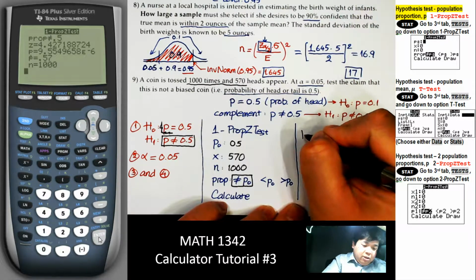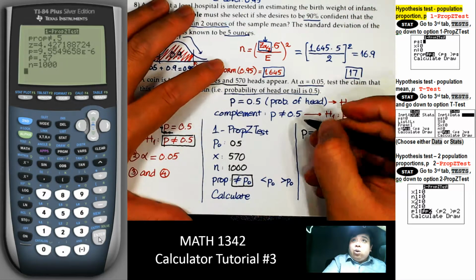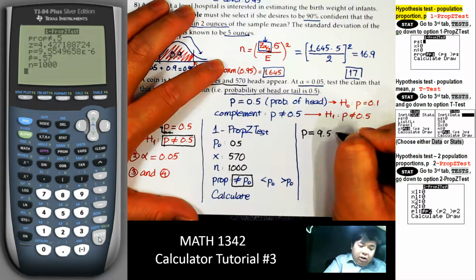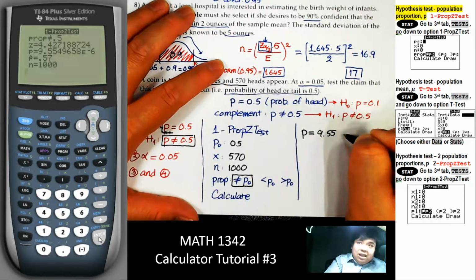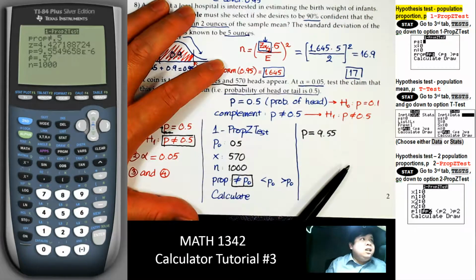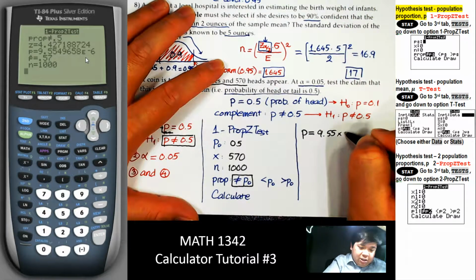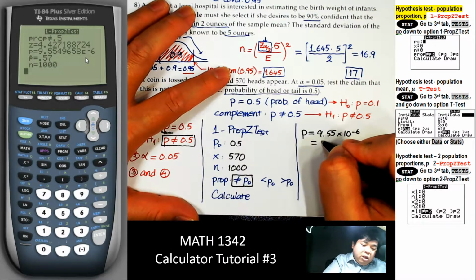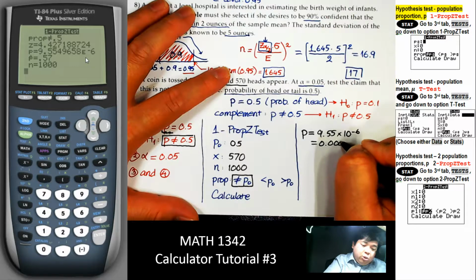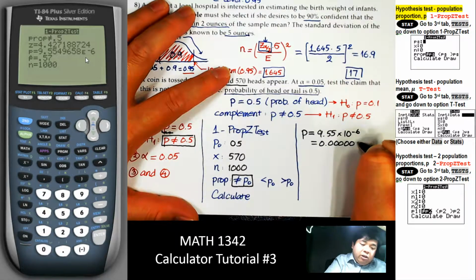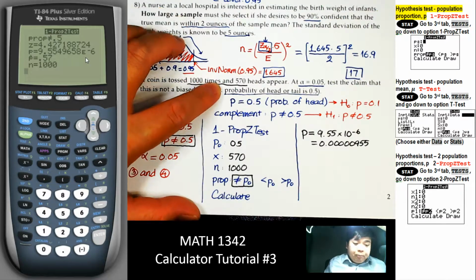The p value equals 9.55 E, the E meaning times 10 to the negative 6, which means it's going to be 0.00000955, and that is an extremely small number.